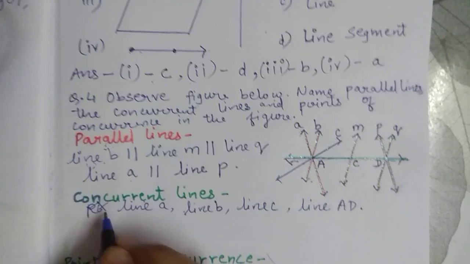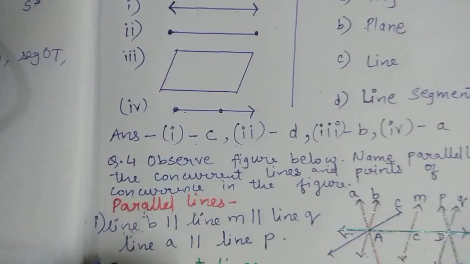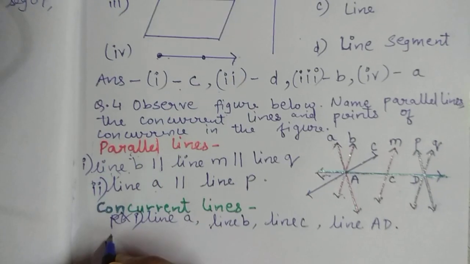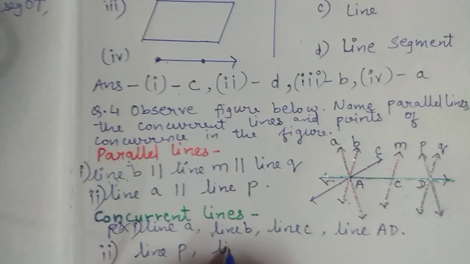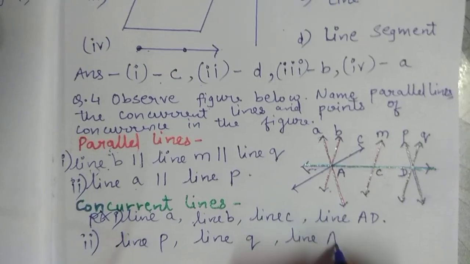So if there is another set of concurrent line, what I'll do, I'll write that on next line. Or to make it easy, I'll put a numbering over here. So you guys also put a numbering. So second set, line P, line Q, and again line AD.